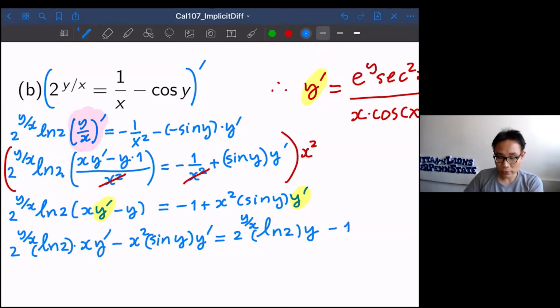So this is the term that you move from the other side, and then you're going to solve for y prime by just taking the quotient.